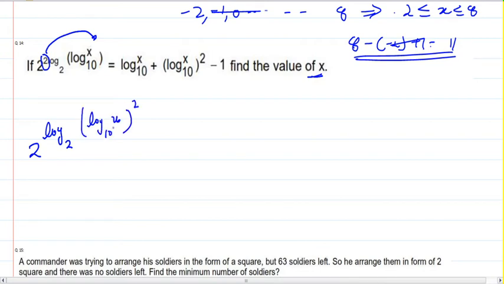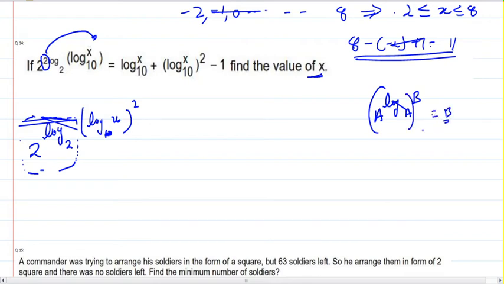There is no need to write base 10. Log means base 10. Now, guys, whenever you come across this representation, the logs are cancelled. See, if I say I have got a to the power log b base a, this will be cancelled out. That will be equal to b.